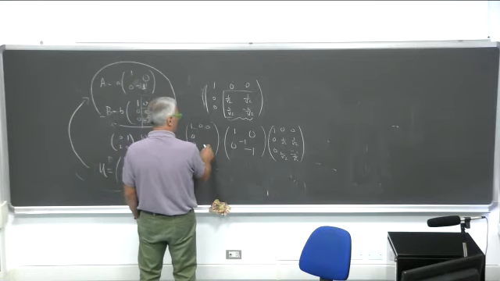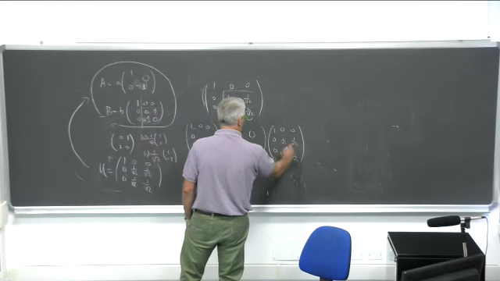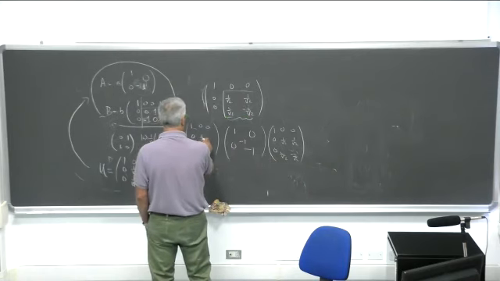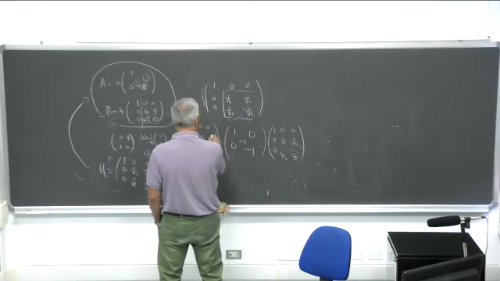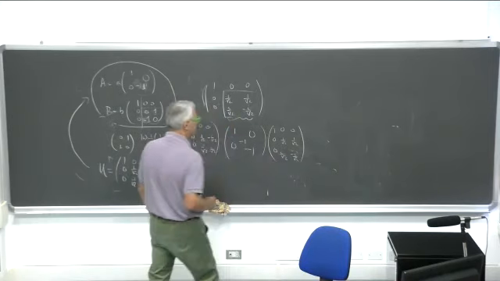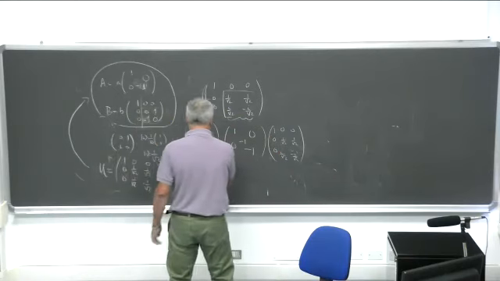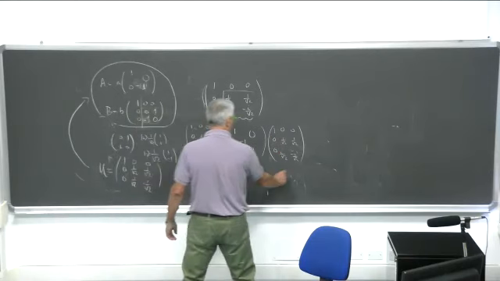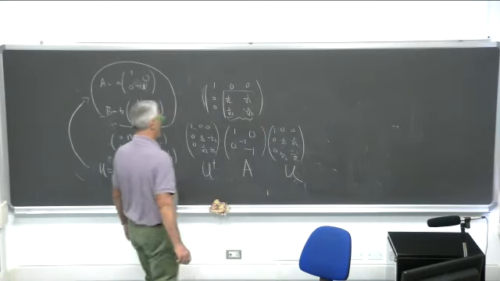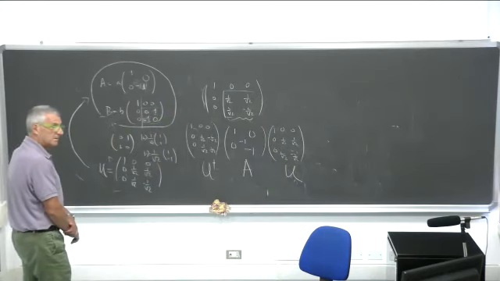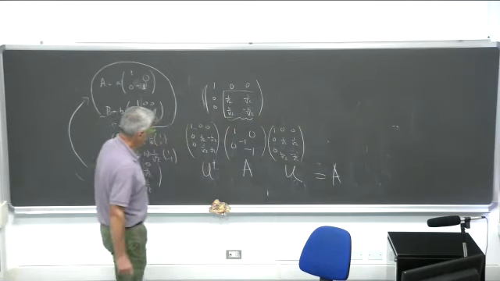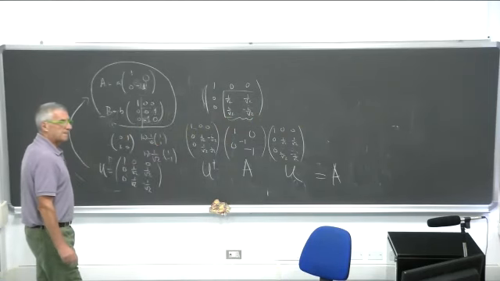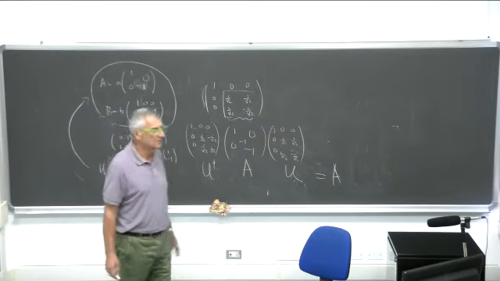If I do this operation, this is U dagger, this is U, and this is A, right? This is the same as A. It doesn't change anything. Yes, understood, sir. Thank you.